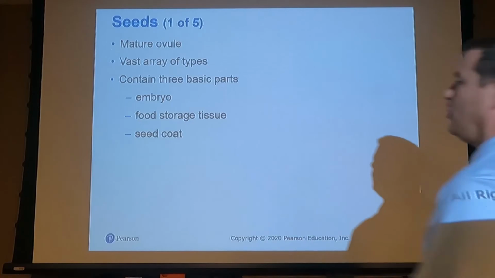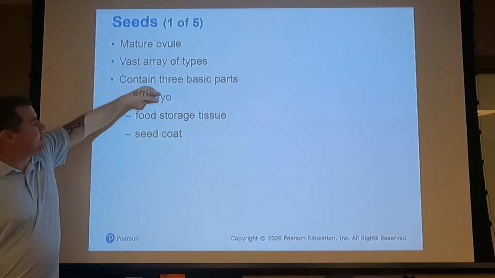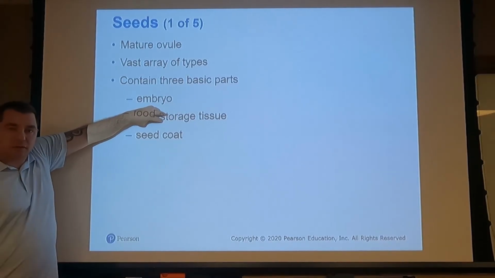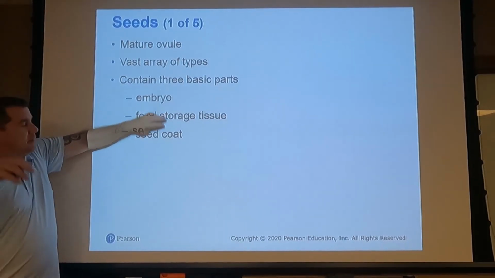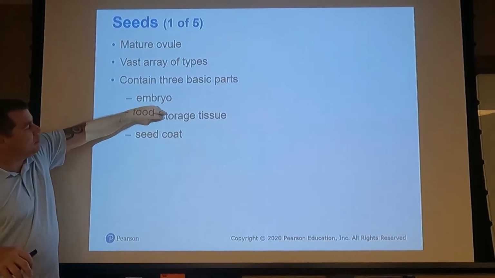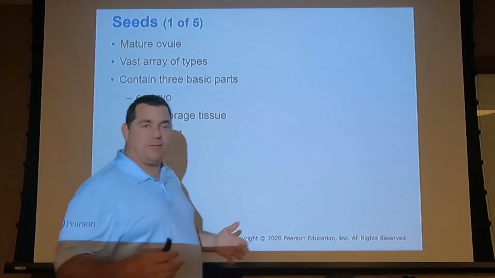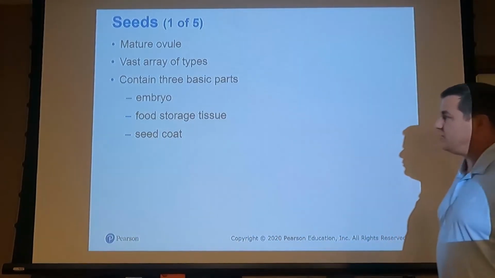So if you think about it going from inside to out, center, the middle, in between the seed coat and the embryo, we have food storage tissue, and then finally the seed coat, which protects and keeps everything in the same seed.